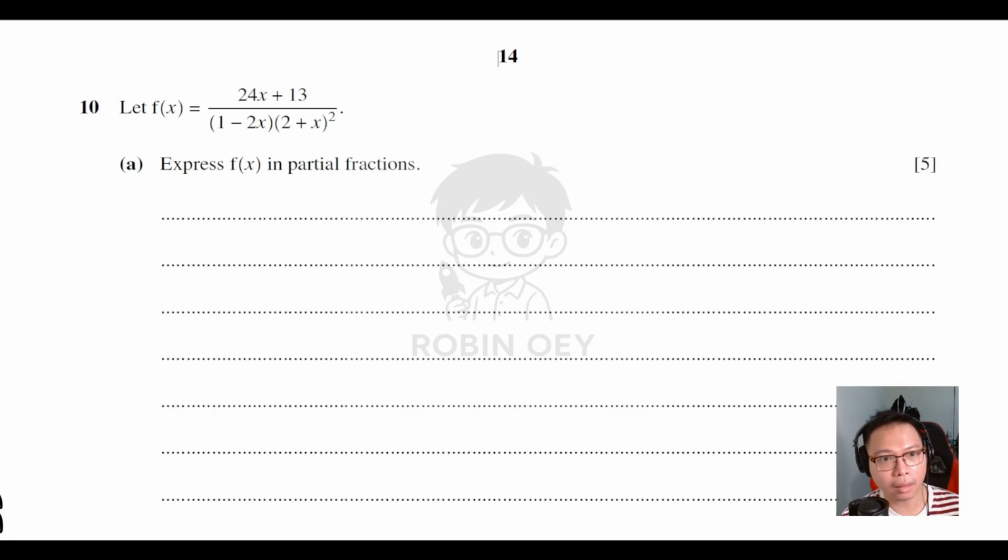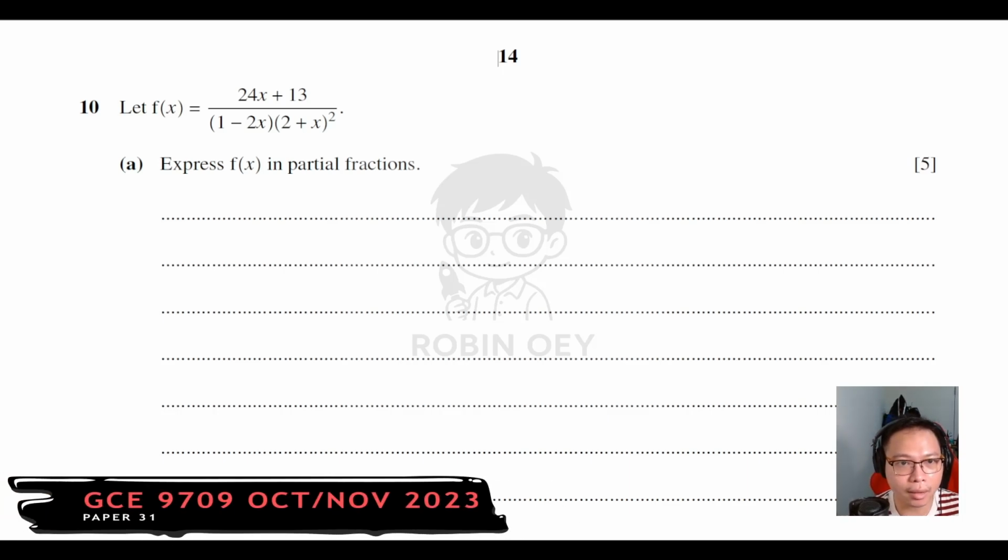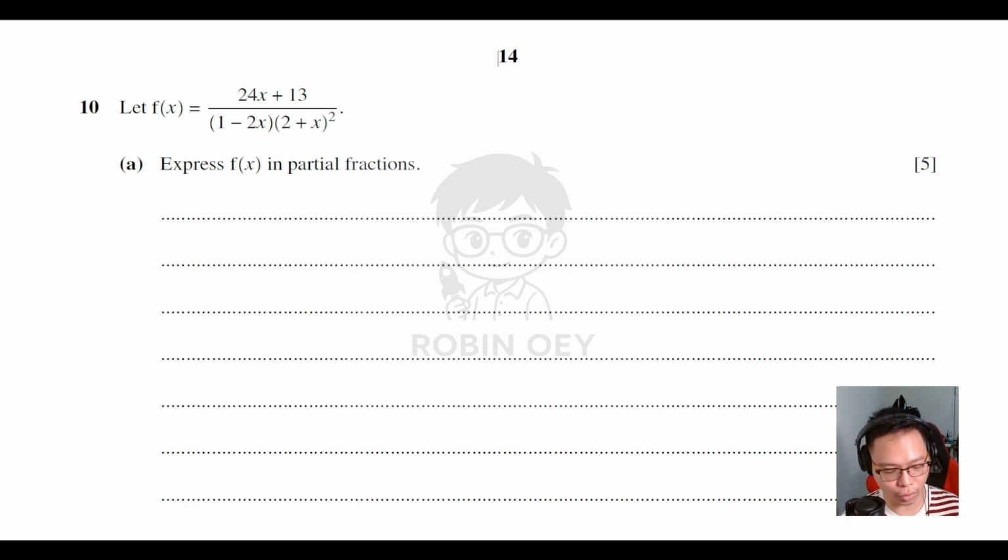Number 10, let f of x be (24x plus 13) divided by (1 minus 2x)(2 plus x) squared. So we have a bracket of square. As I usually do, I will separate this into A over 1 minus 2x plus B over 2 plus x plus C over (2 plus x) squared.